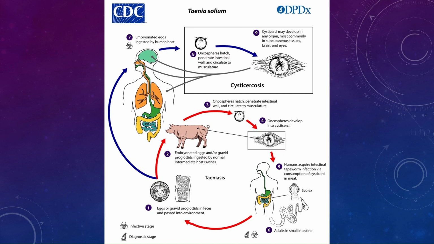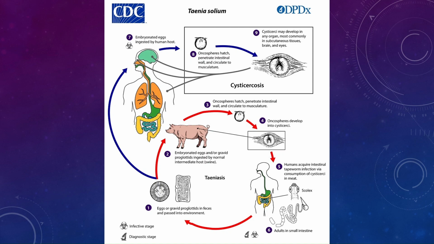The human acquires the intestinal tapeworm infection via consumption of cysticerci in the meat of the swine. After ingestion, this cysticerci can convert into adult in the small intestine of human. And this adult sheds the eggs and gravid proglottids in the feces.